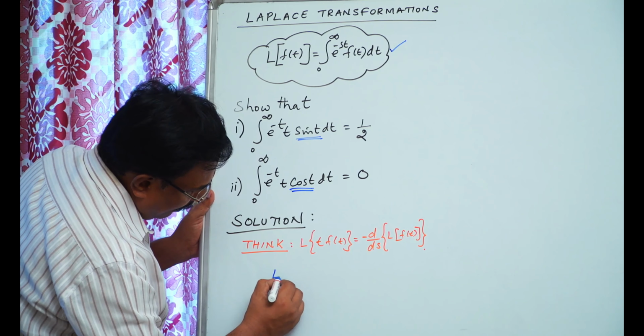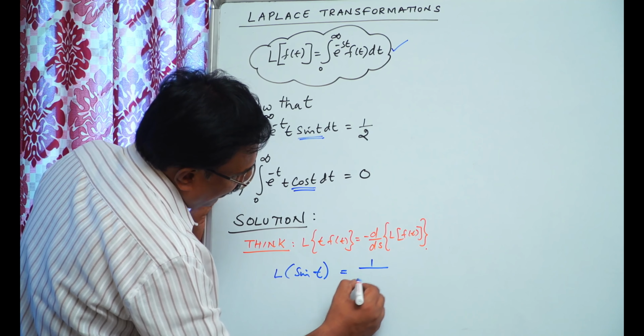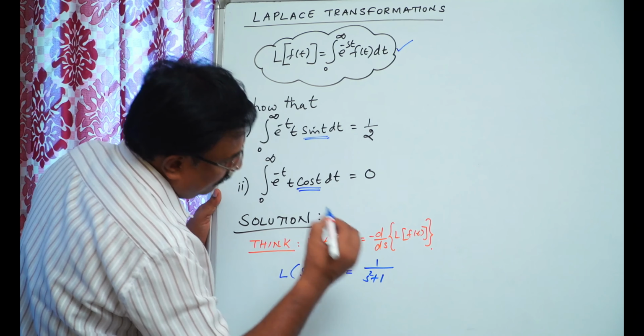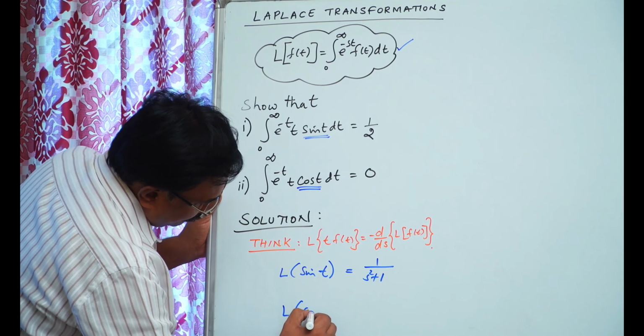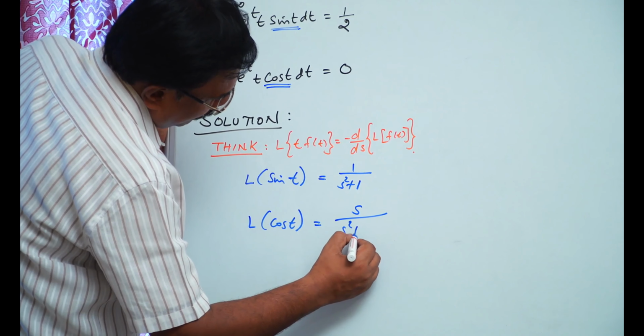We know that Laplace of sin t is equal to 1 by s square plus 1, and Laplace of cos t is equal to s divided by s square plus 1.